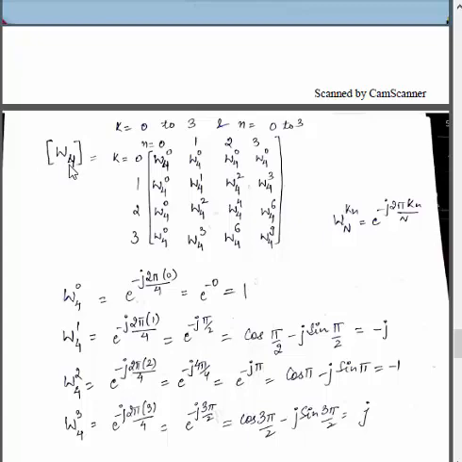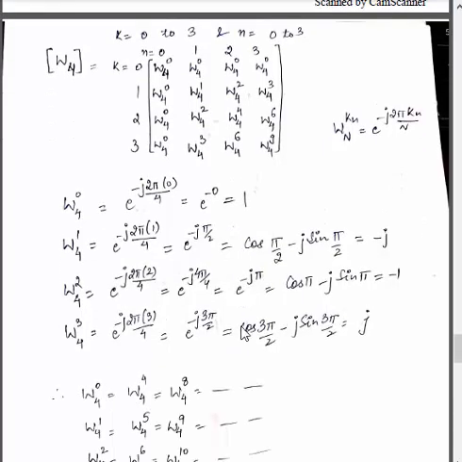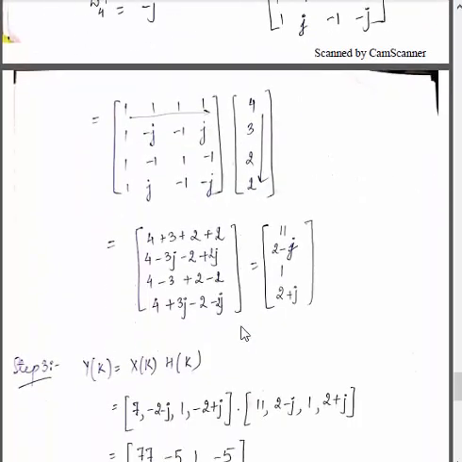So with this value of the twiddle factor and this h of n sequence, that is 4 3 2 2, by solving this matrix by rows and columns multiplication, element by element multiplication, we obtain 11 2 minus j 1 2 plus j.